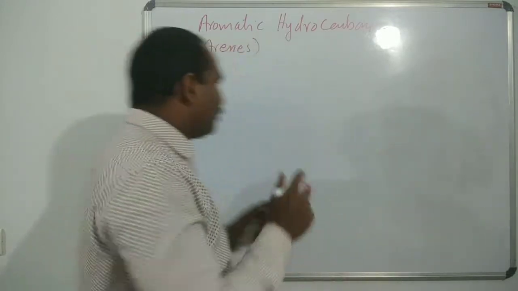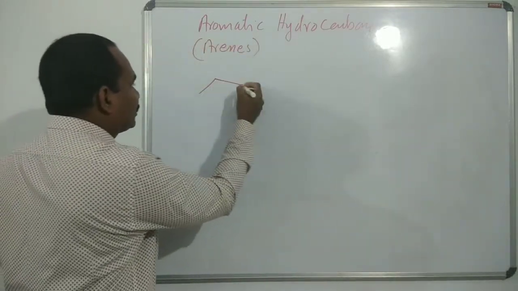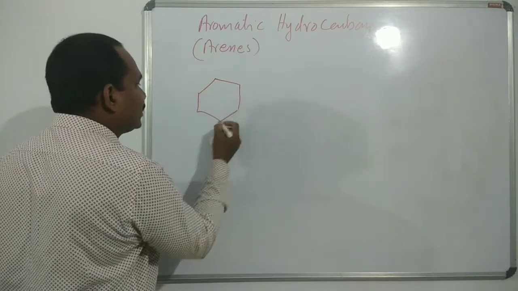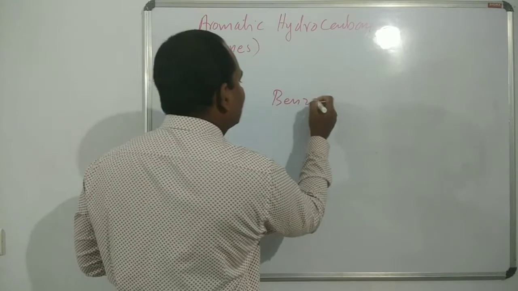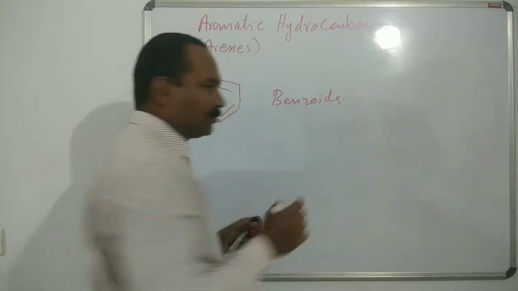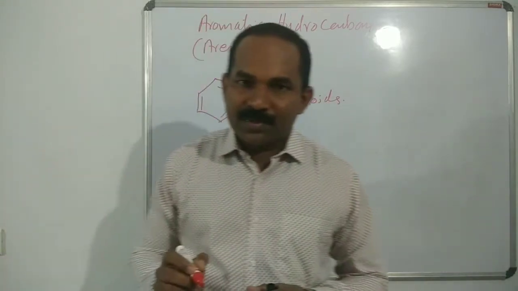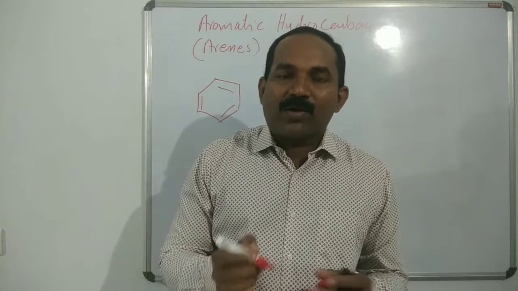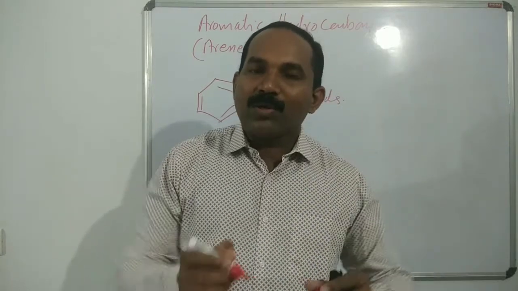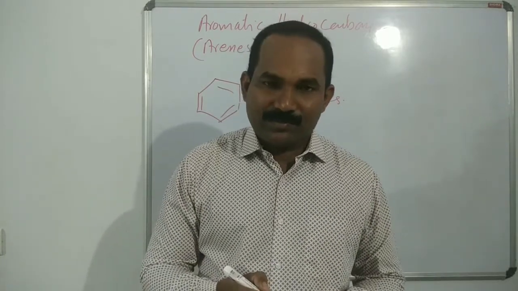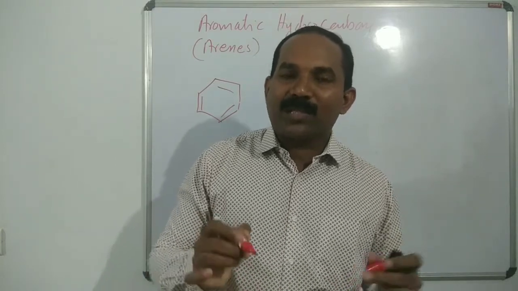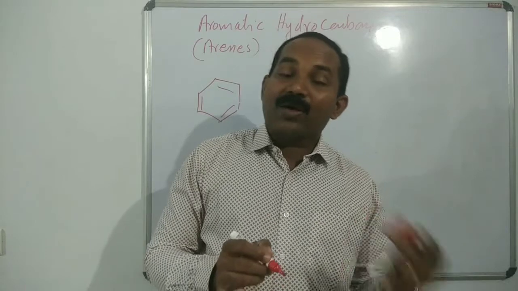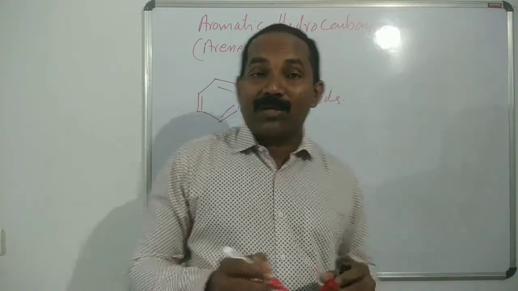So the compounds which contain a benzene ring are called benzoids. And the aromatic compounds which do not contain a benzene ring are called non-benzoids.